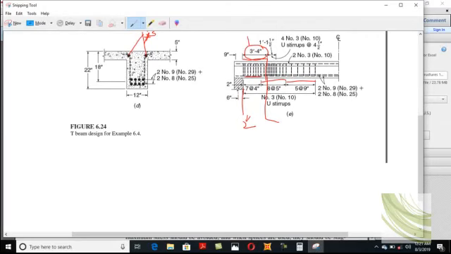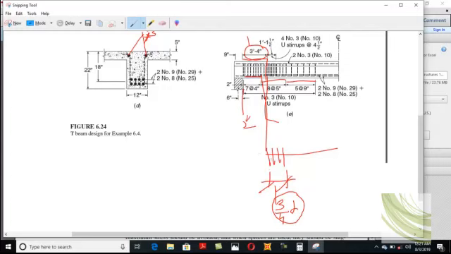Okay, this is the actual cutoff point. Once you cut the bar, you need to provide some extra stirrup here for a distance of 3 by 4 into d. This is the ACI criteria.